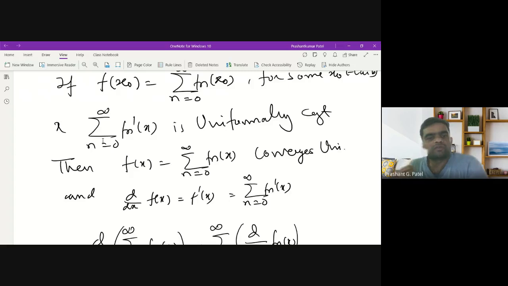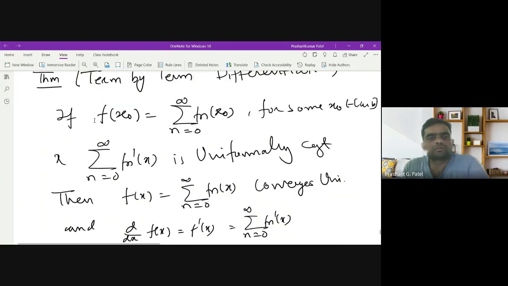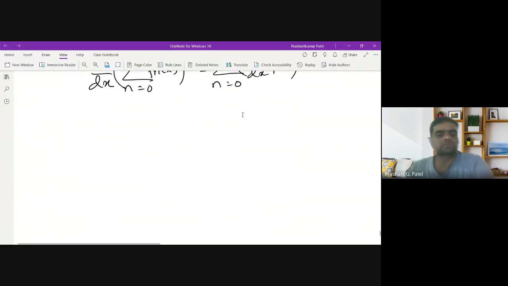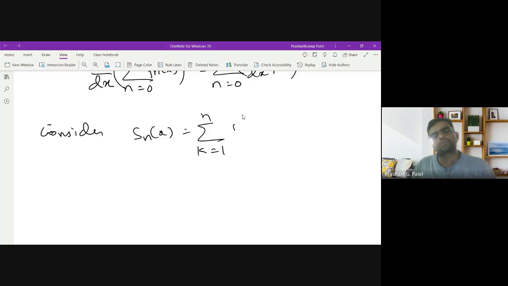As the convergence of a series depends on the convergence of a sequence, you consider the partial sum. Let us consider Sn x is the sum of the first n terms fk x.